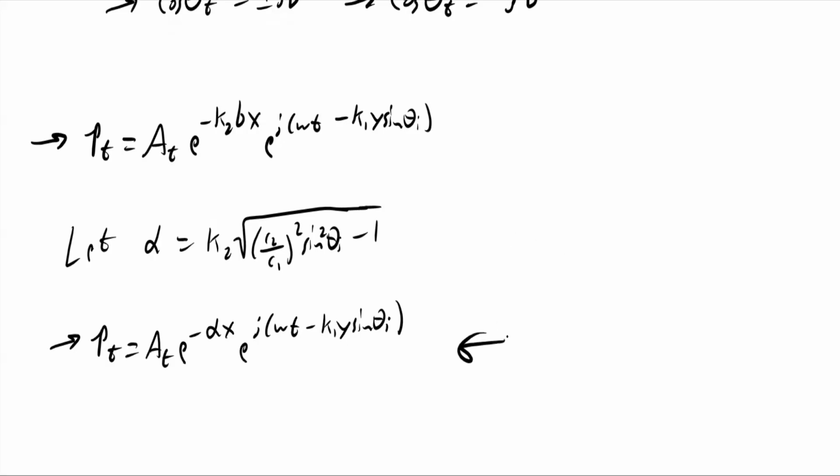This is called an evanescent wave, i.e., not a true wave. Although we can see that there's a time varying signal and this evanescent wave moves along the interface as described by this term, it does not propagate into the second medium. Rather, the amplitude decays via this exponential term, e to the negative alpha x.